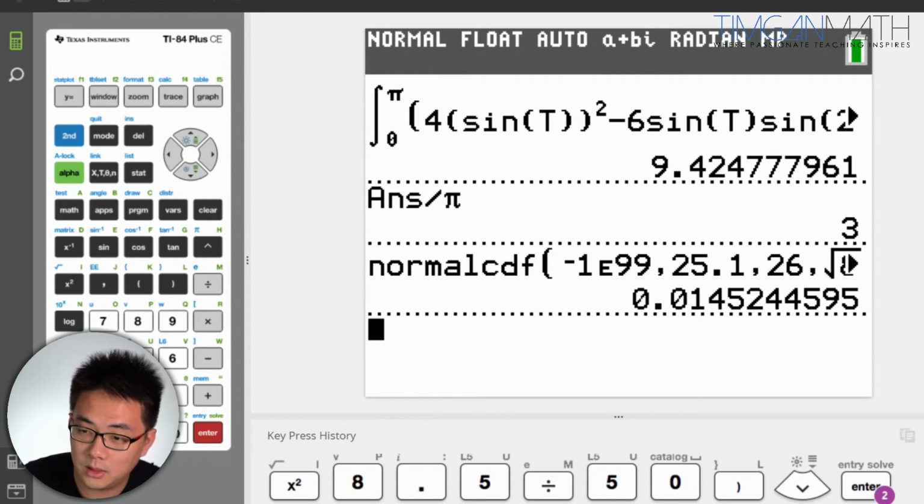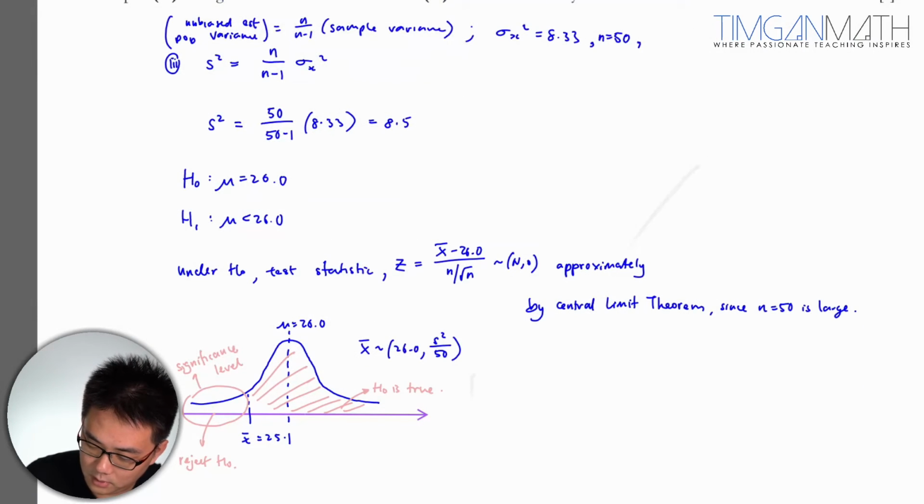So the level of significance of the test would be 0.01452. Let me just write this down.